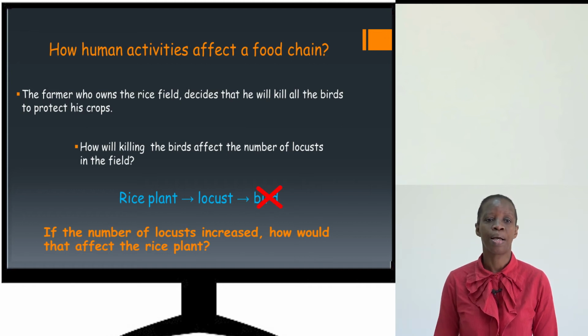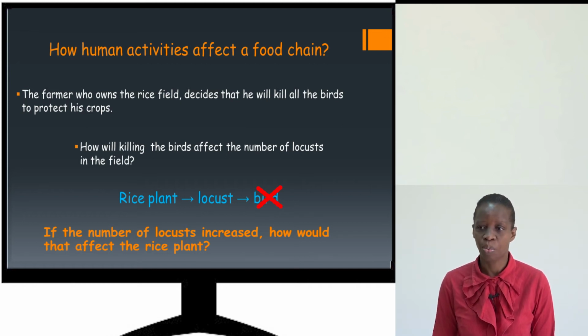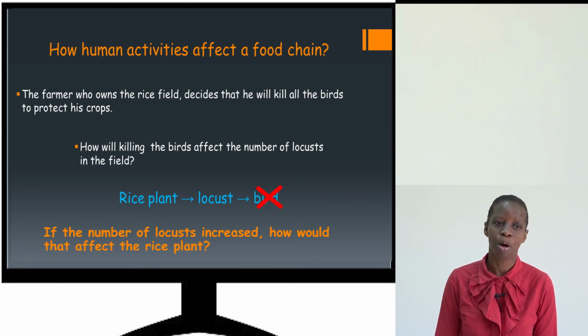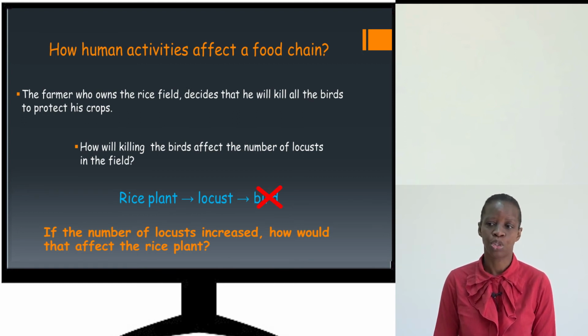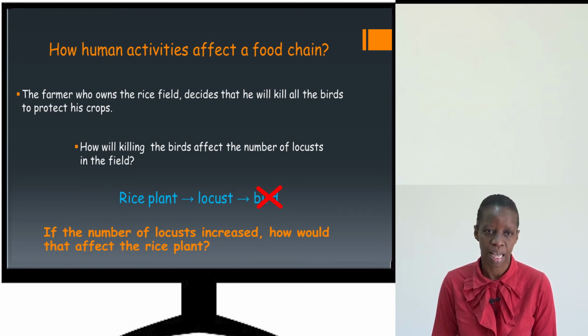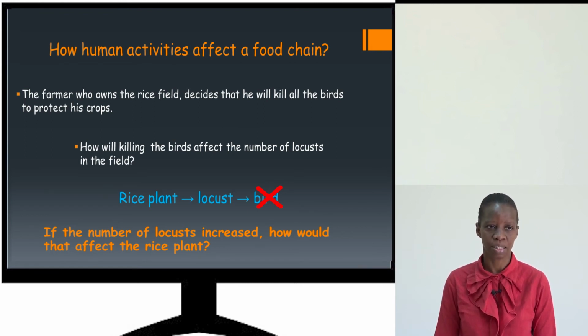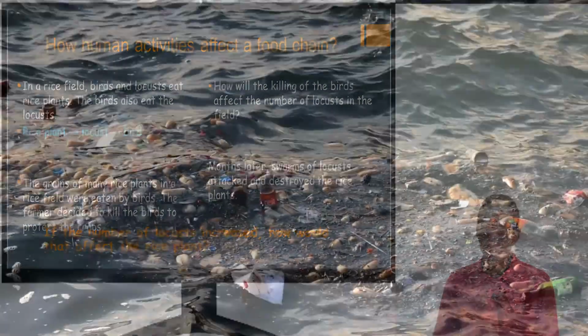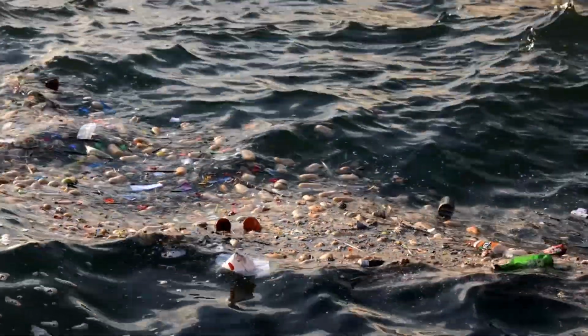And so, generally, nature has a way to balance itself. So, the bird population would have helped to reduce the number of locusts and, of course, help to save the plants.